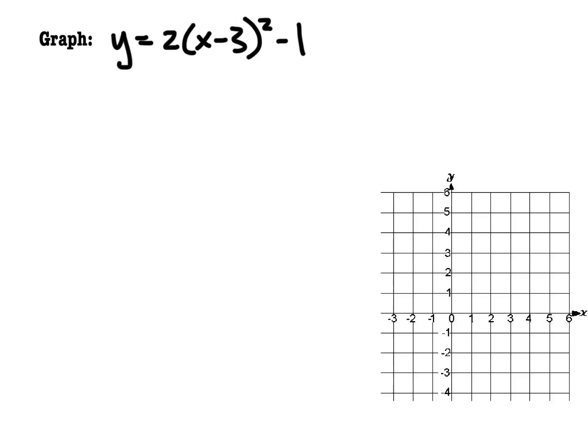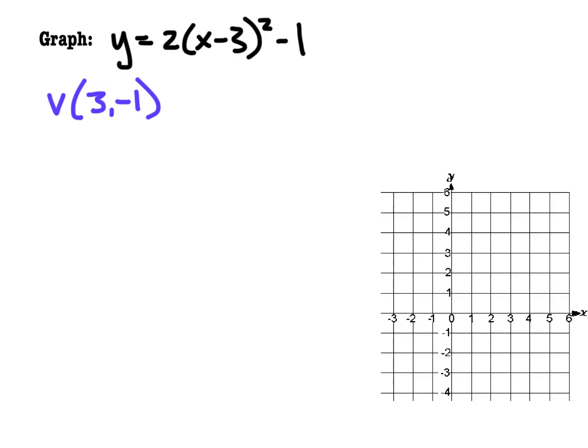Now, just before we graph this example, I want to remind you that this shouldn't be anything new for you, okay, just based on your knowledge of parent function rules. So let's look here. For the graph of 2 times (x minus 3) squared minus 1, the very first thing I need to find is the vertex. So we should be pretty good at that now. This vertex is at 3, negative 1.